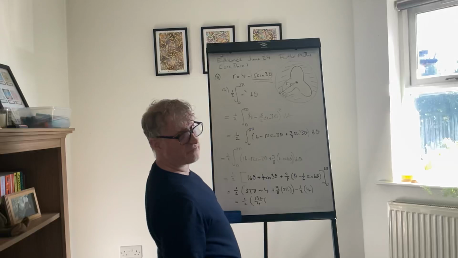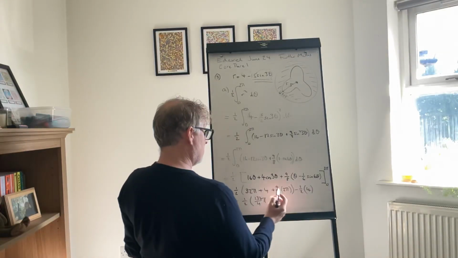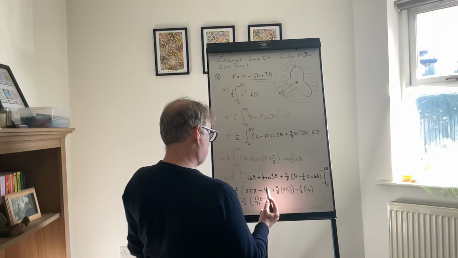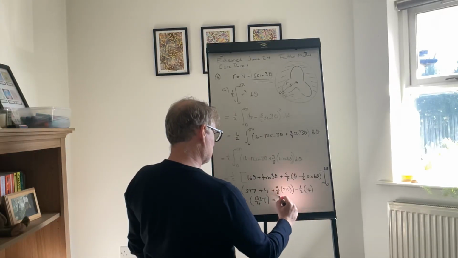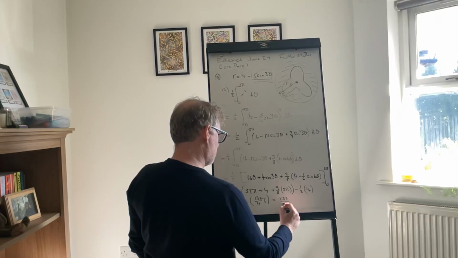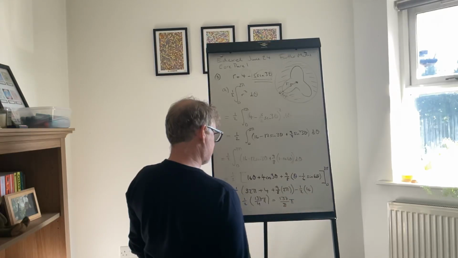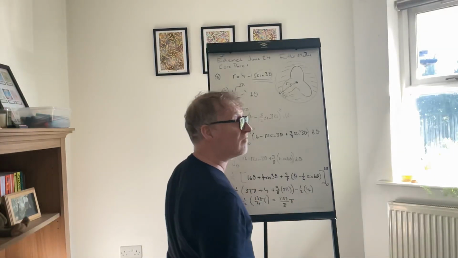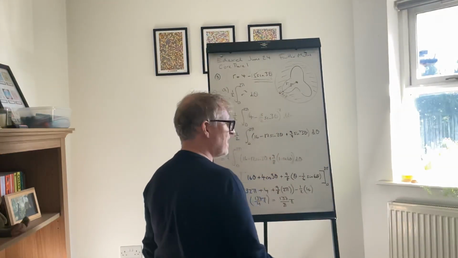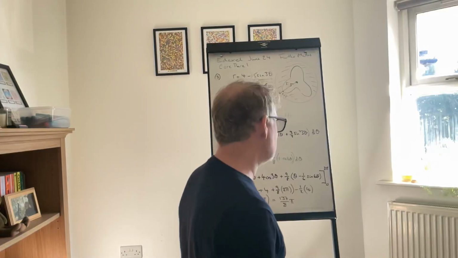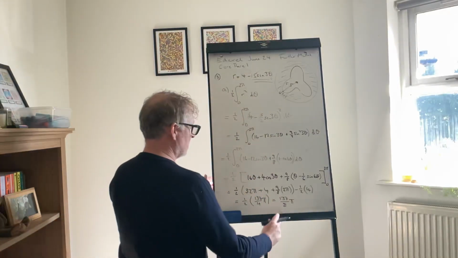My word, I hope I got that right. And then over here we've got plus 4 and minus 4, they're going to cancel. So isn't that just 137 over 8 pi? Let's hope I got that right. Got it wrong, well done me. Oh no, because I haven't actually taken it away from the area of the circle yet. Silly me, that is correct.